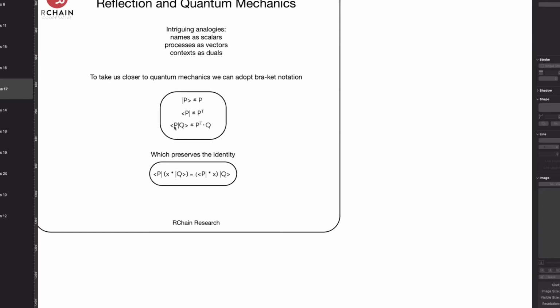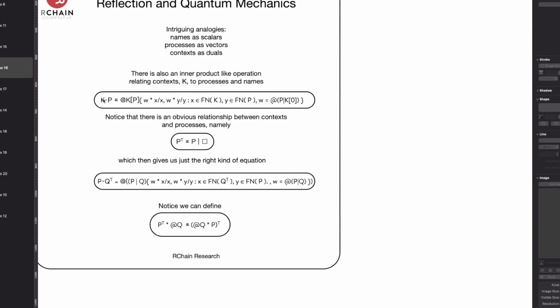And so now the inner product, or applying the bra to the cat, is going to be, you take the dual of the process, the cat, and you do the inner product with K. So by our definitions, right, that's going to be the parallel composition of P with Q scaled by W. That's what it will be.